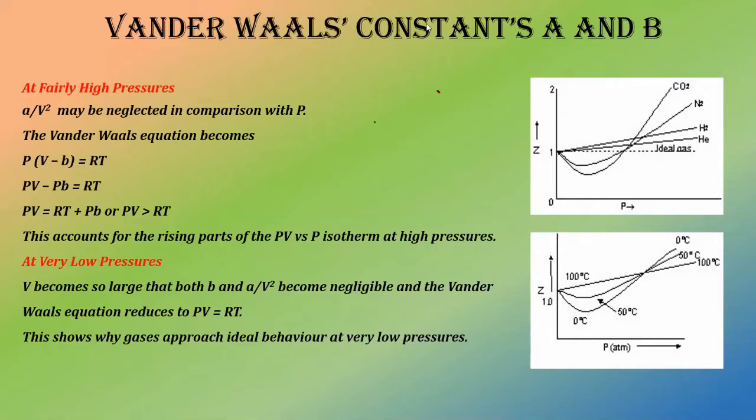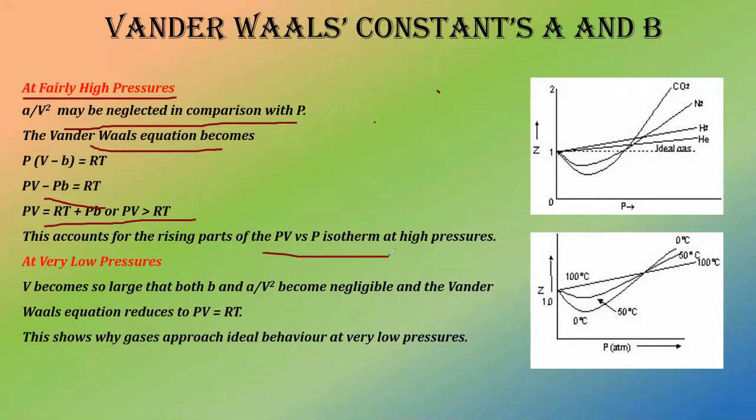At fairly high pressure, a/V^2 may be neglected. The Van der Waals equation becomes P(V - b) = RT, or PV - Pb = RT, or PV = RT + Pb, so PV is greater than RT. You can see the PV versus P graphs and Z versus P graphs given here.